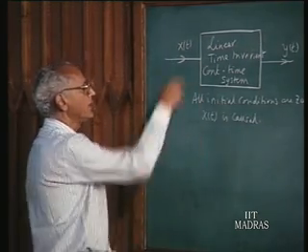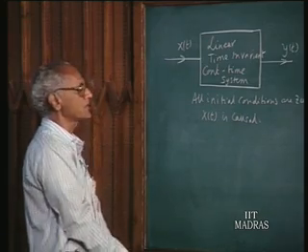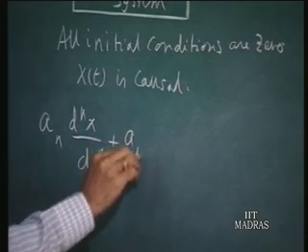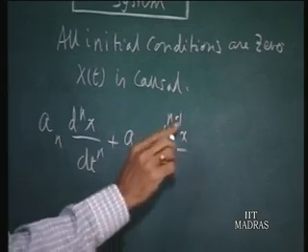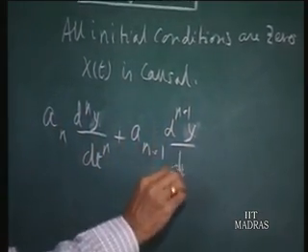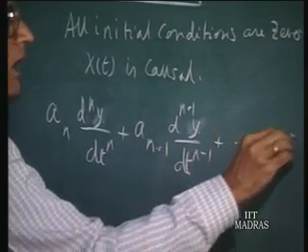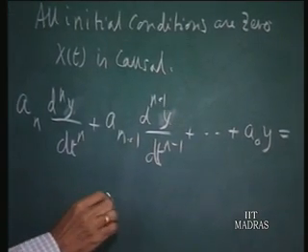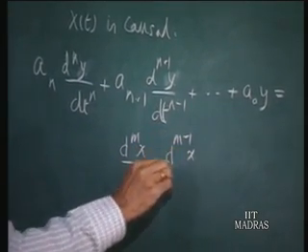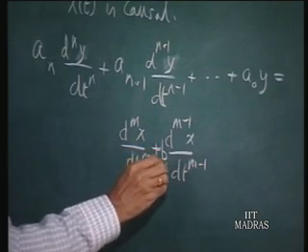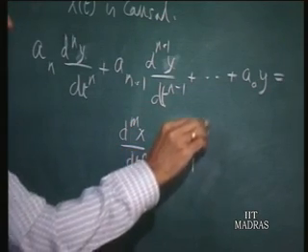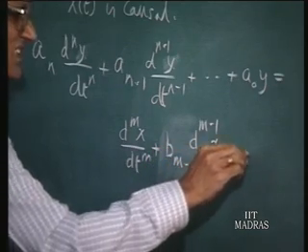We have seen that such a linear time invariant continuous time system is in general described by a differential equation of the type a_n d^n y/dt^n plus a_(n-1) d^(n-1) y/dt^(n-1), on up to a_0 y, equals b_m d^m x/dt^m plus b_(m-1) d^(m-1) x/dt^(m-1), up to b_0 x.